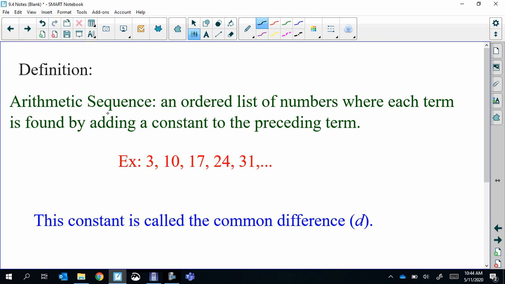So arithmetic means add. The number that you add each time is called the common difference, which we will abbreviate with just the letter d. In this case, you can see that it would be 7 because we're just adding 7 each time.